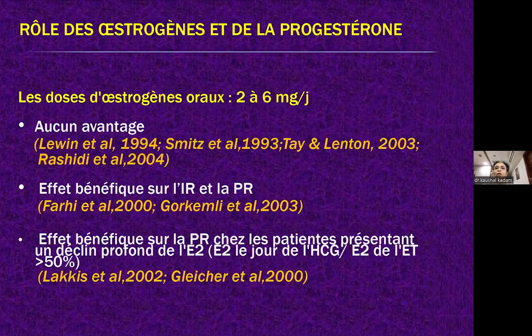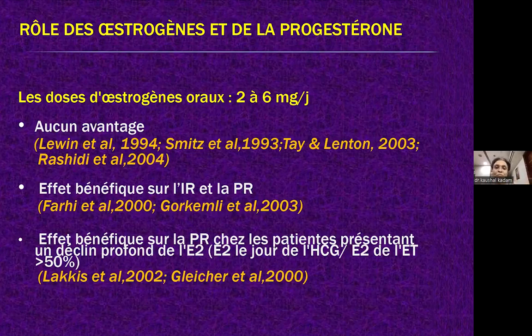Now, along with progesterone, we give various other tablets also to support pregnancy. And what is very commonly given is estrogen. Mostly the oral estrogen dose administered to support the luteal phase is 2 milligrams to 6 milligrams. What we do is, based on the estradiol levels and the endometrial lining of the patient, we usually give between 2 to 6 milligrams.